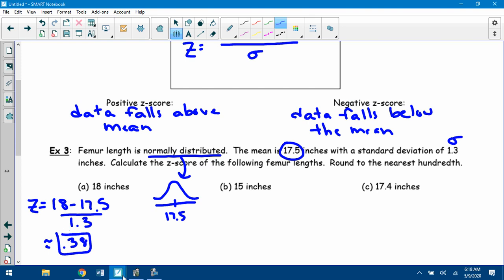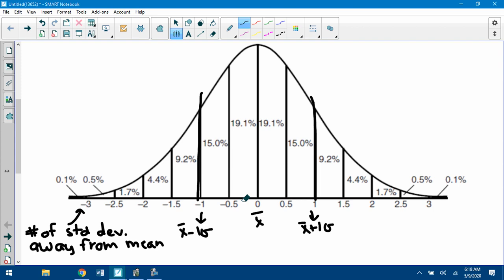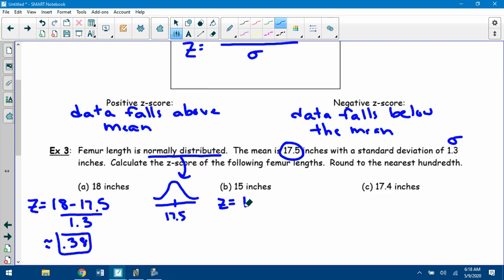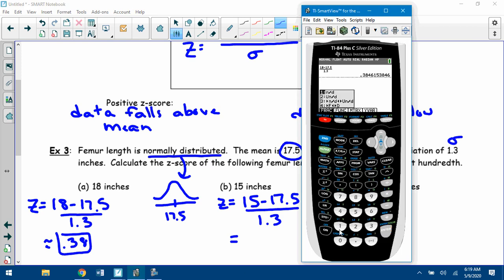Okay, so all that's telling us is that if I look at this chart, 0.38 would be right about here. I'm just a little bit above the mean. I'm in this 19.1 section here. For 15 inches, you'd take 15 minus the mean divided by the standard deviation. 15 minus 17.5 divided by 1.3 gets you negative 1.92.